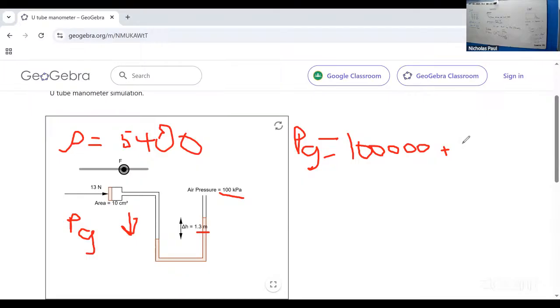Right. So it will be 5400. Remember I told you gravity is always 10. So it's 5400 by 10 by what? 1.3. Put it all together and tell me what you got.